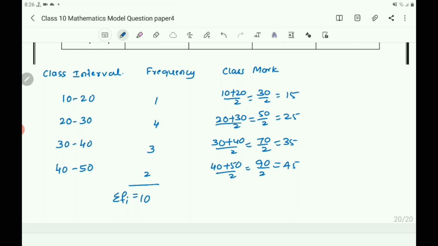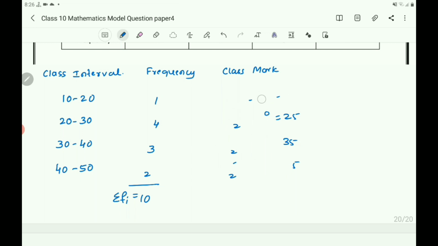Or directly you can do it orally and write 15, 25, 35, 45.